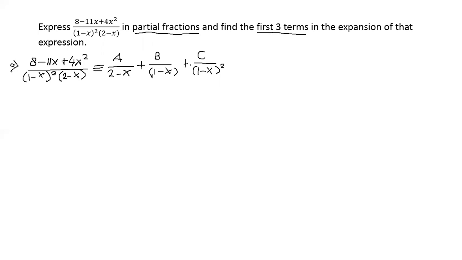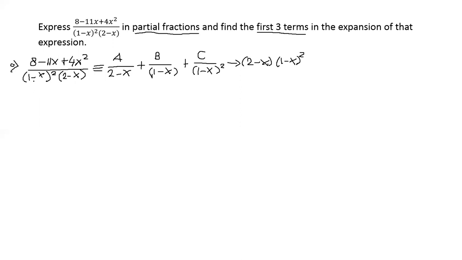Afterwards, multiply by the terms 2 minus x and 1 minus x squared, for these three terms a, b, c on the right side.